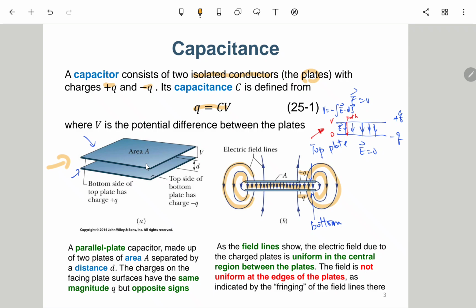Okay, so the area of a plate is capital A, and then there is a small distance d between them.